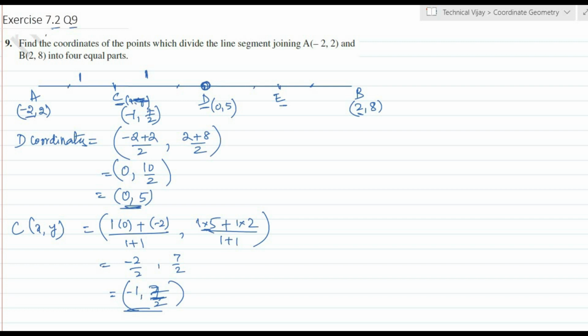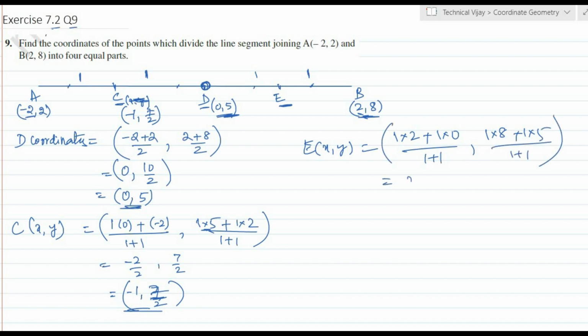Now we will find out E's coordinates. Here E's coordinates are x comma y, we will assume. This one is x1 y1, this is x2 y2. The ratio is also 1:1 because they are equal parts. So x coordinate is 1 into 2 plus 1 into 0 divided by 1 plus 1, and y coordinate is 1 into 8 plus 1 into 5 divided by 1 plus 1.